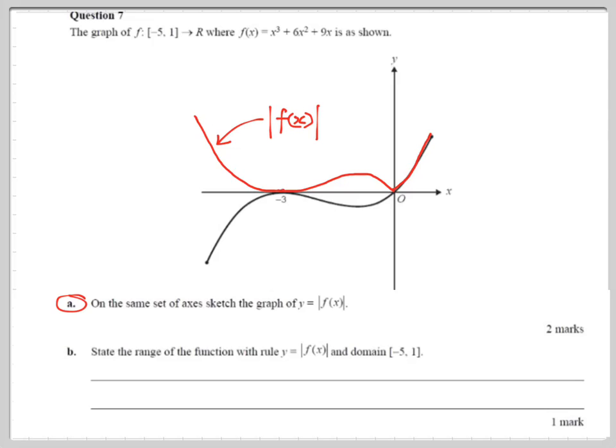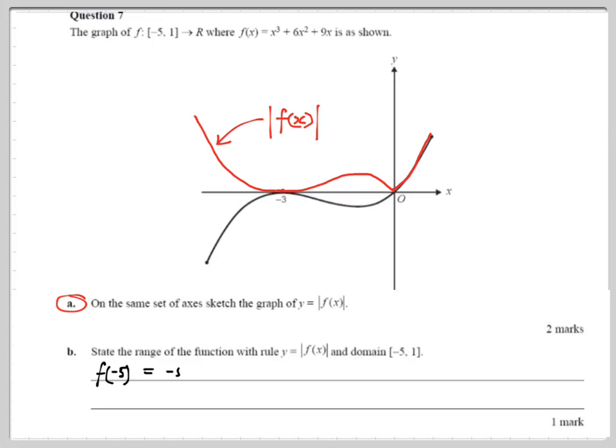Well, it seems to me pretty obvious that the lowest is 0. Wouldn't you agree with that? Of that red graph you can see there. Now the highest will really depend on what the end point values of y are, I think. So I think I'd work out y for -5, again for 1, and then I'd see which of those is higher. Let's have a go at that, will we?